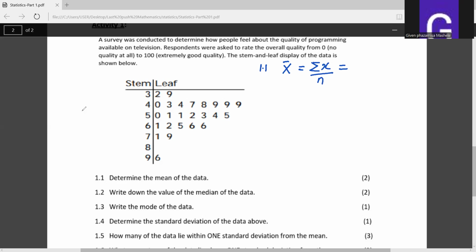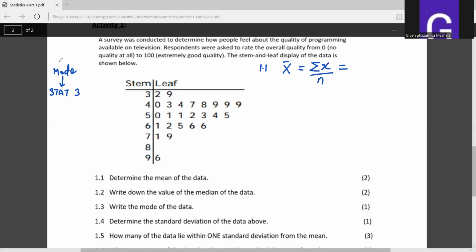On my side, I have a Casio. First, go to mode. On your calculator, you press mode. After mode, you have to go to stats. On most calculators, I think it's number 3, unless the calculators are different.